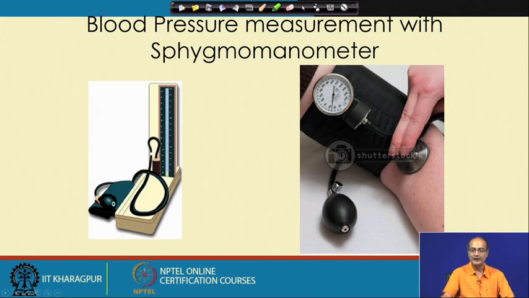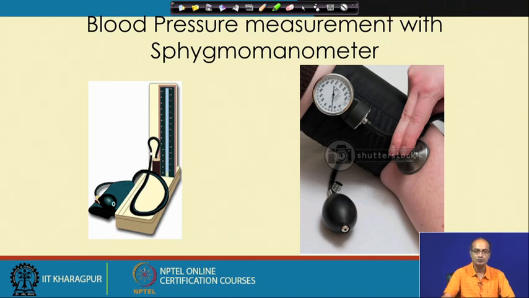Then we again keep on releasing the air, but very slowly. At some point the pressure in this inflated band goes below the diastolic pressure, and then there is no obstruction to the flow of the blood. Now, throughout the cycle the blood can flow through that vein. Till that point the Korotkoff sound continues.